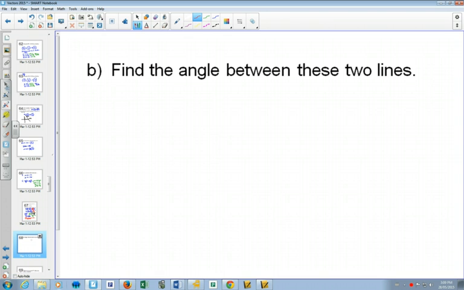Now that we figured out that these two lines in 3 dimensions intersect at a certain point, we can figure out the angle between those two lines as well. So we know that this point at negative 7, 6, 6 is where they intersect. One line is going in some direction over here. Another line is going in some direction over here. And we're trying to find out this angle in between.